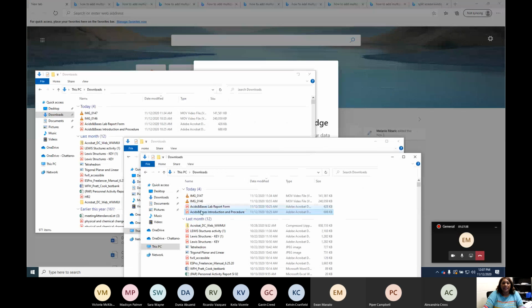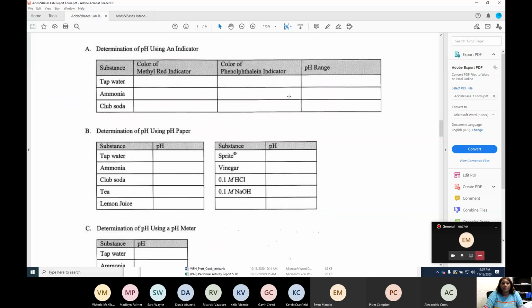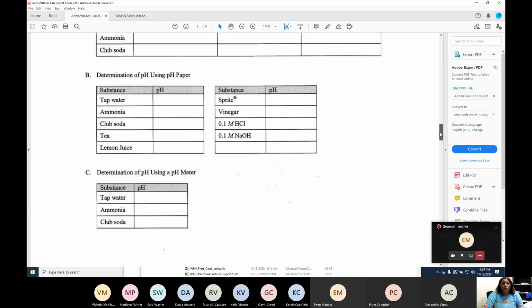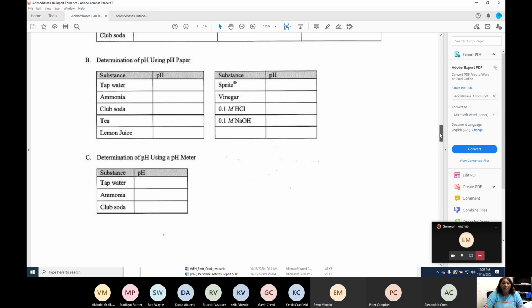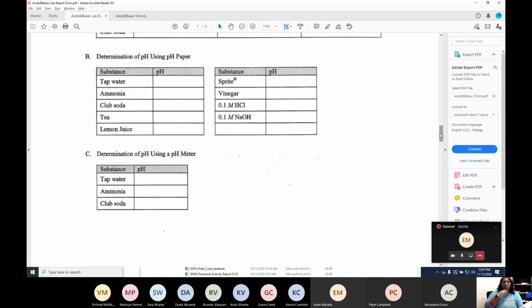Any other questions on the indicator portion? Any questions on the pH paper portion? You should have got mainly just a single pH value, just a whole number, no decimal.